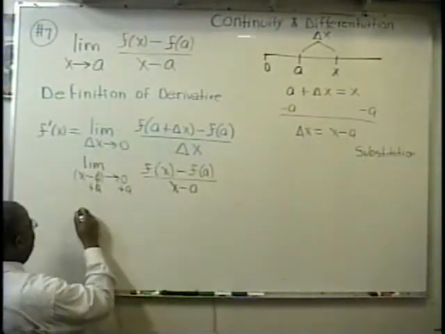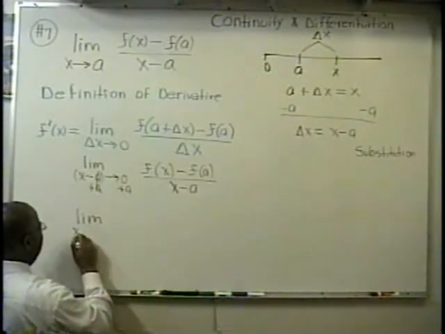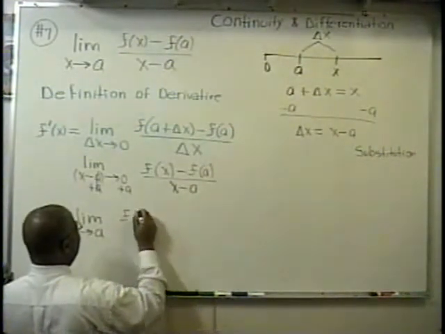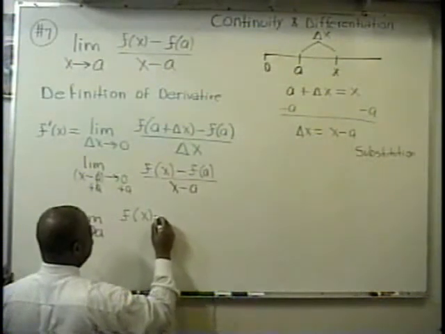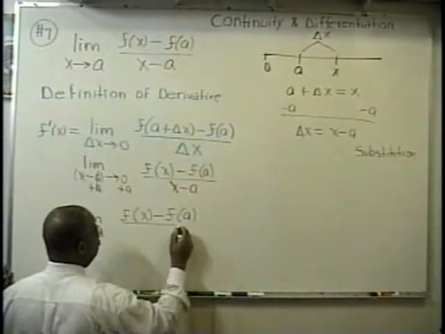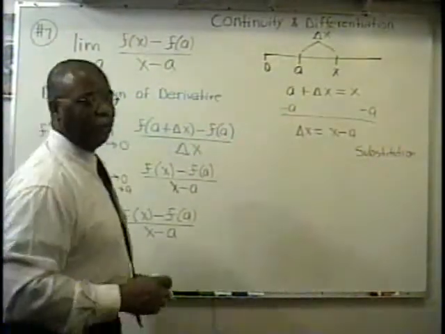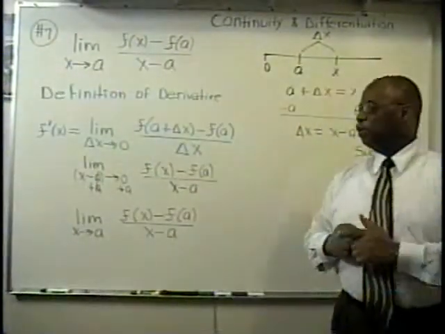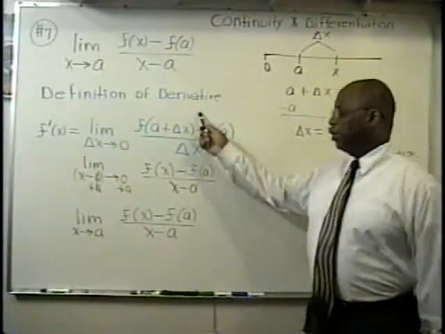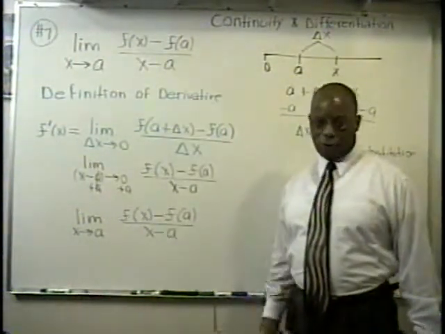So now I have the limit as x approaches a of f of x minus f of a all over x minus a. We have used all those properties listed on sheets A1 and A2 and our line segment to transform this definition into its other equivalent form.